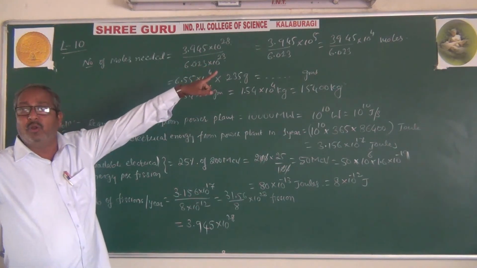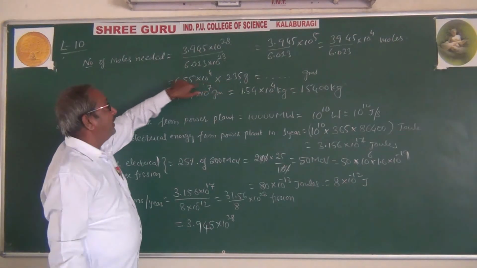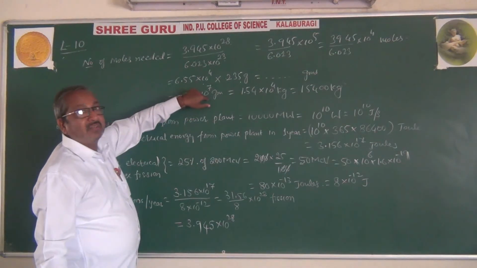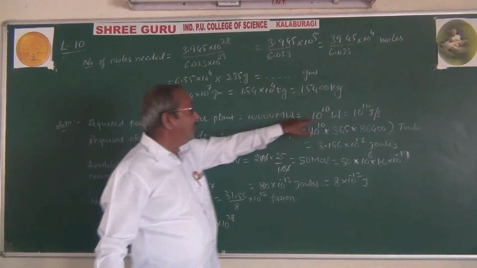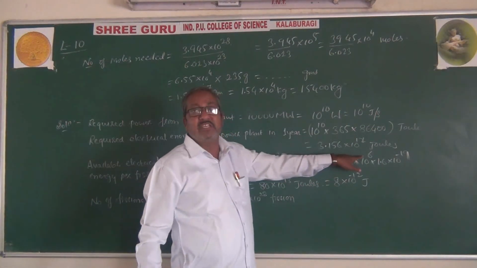And each mole of uranium consists of 235 grams. Then multiply this by 235 grams, so you will get 1.54 into 10 raised to 7 grams of uranium needed for getting this much of energy per year.